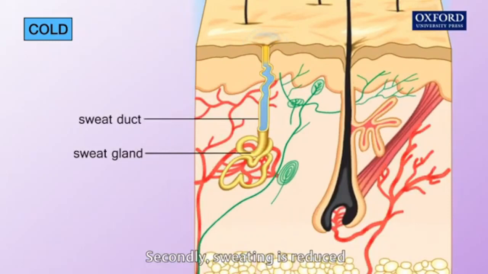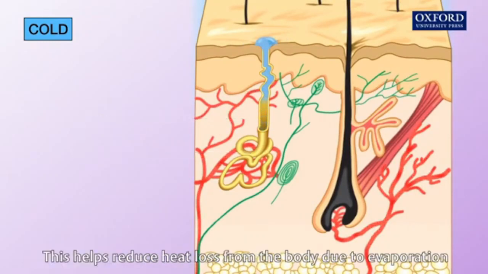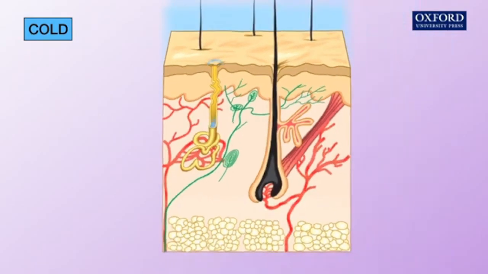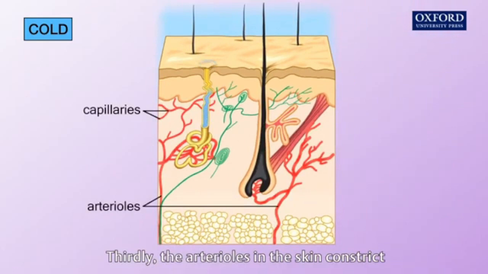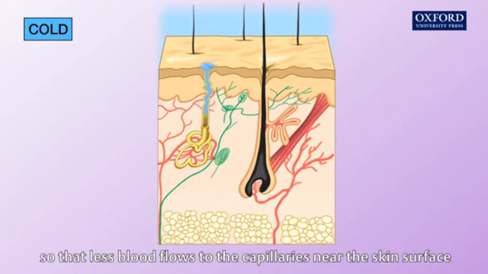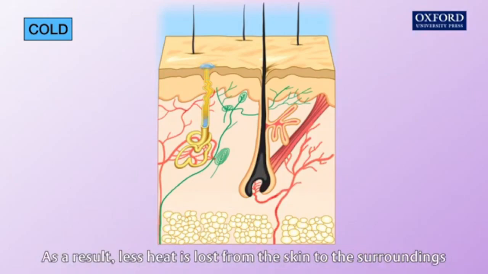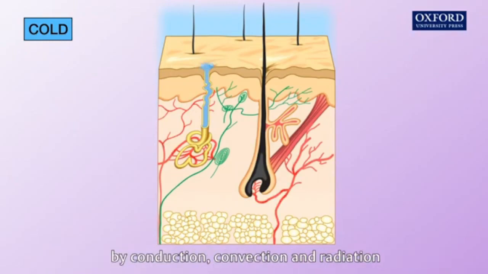Secondly, sweating is reduced. This helps reduce heat loss from the body due to evaporation. Thirdly, the arterioles in the skin constrict so that less blood flows to the capillaries near the skin surface. As a result, less heat is lost from the skin to the surroundings by conduction, convection, and radiation.